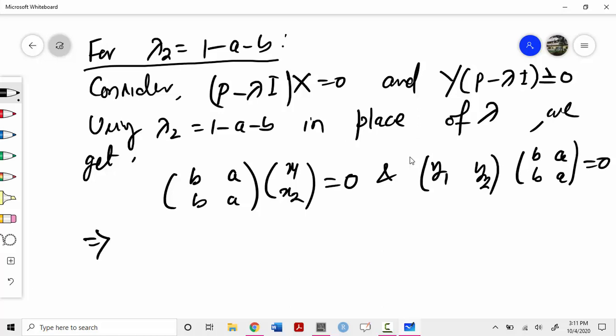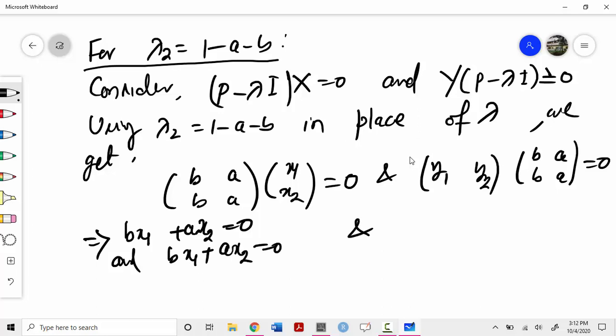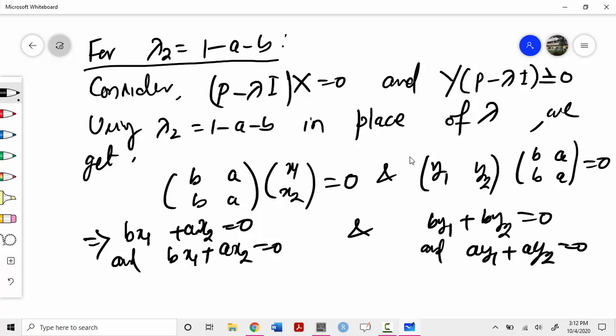That implies bx1 plus ax2 equal to 0, and by1 plus by2 equal to 0 and ay1 plus ay2 equal to 0.